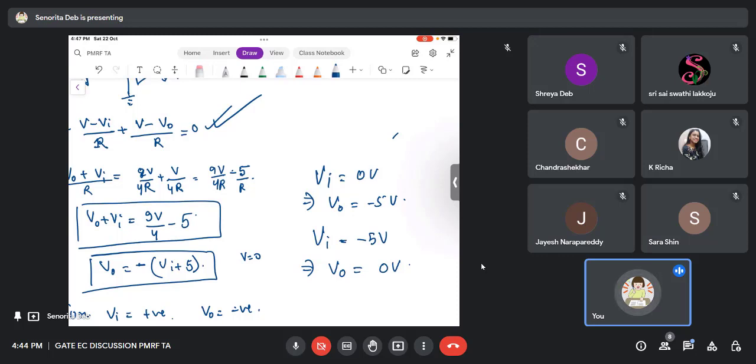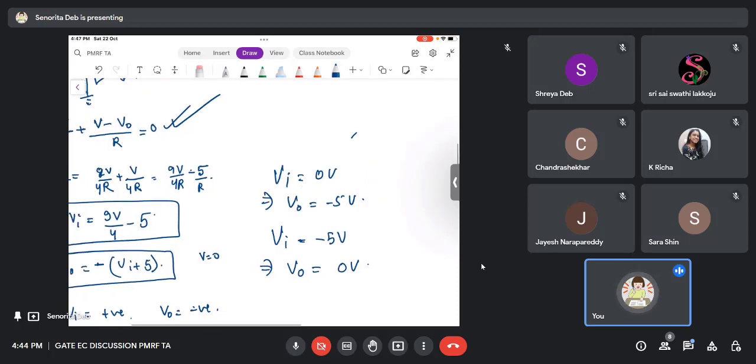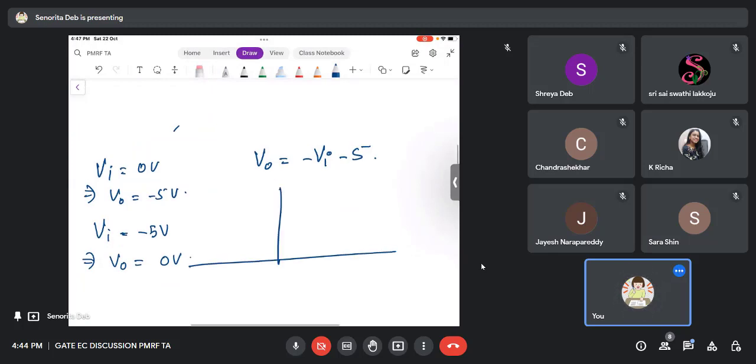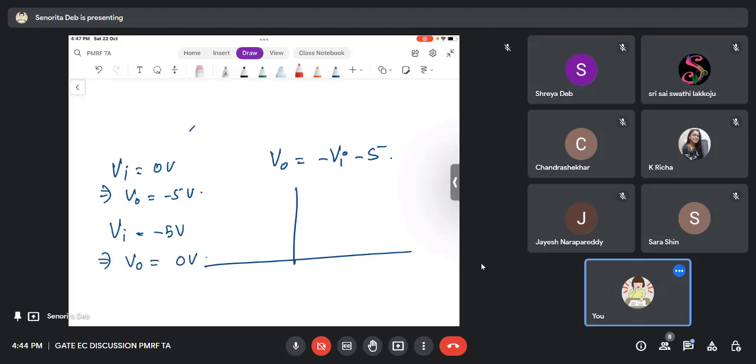So now you have directly V0 equals minus Vi minus 5, right? And you can directly draw this waveform. Just let me know if this waveform is something you are able to understand.